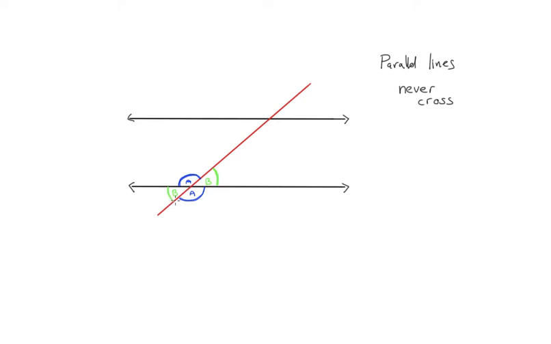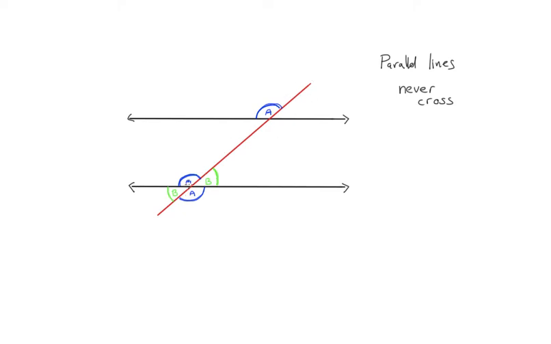Well, the new rule that we're going to learn today is to do with parallel lines. And that rule is, let me go back to my blue pen. If we have two lines and they're parallel, and then we have a line going across like this, A here is equal to A here. Because this black line and this black line are both going straight across, and this red line is cutting across them at the same angle.